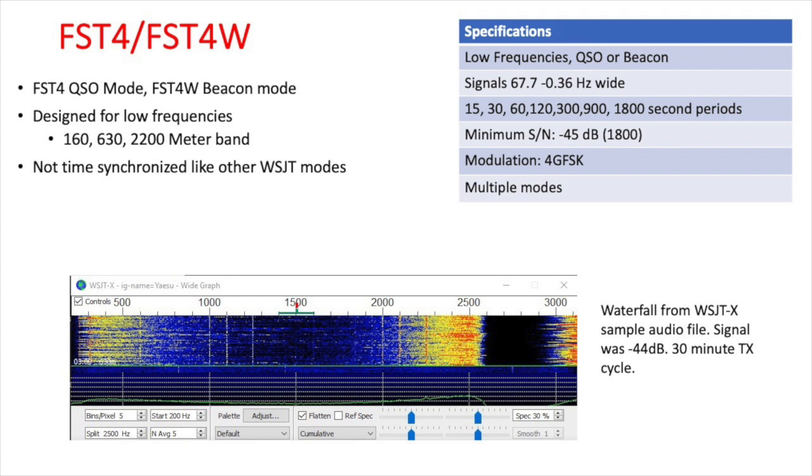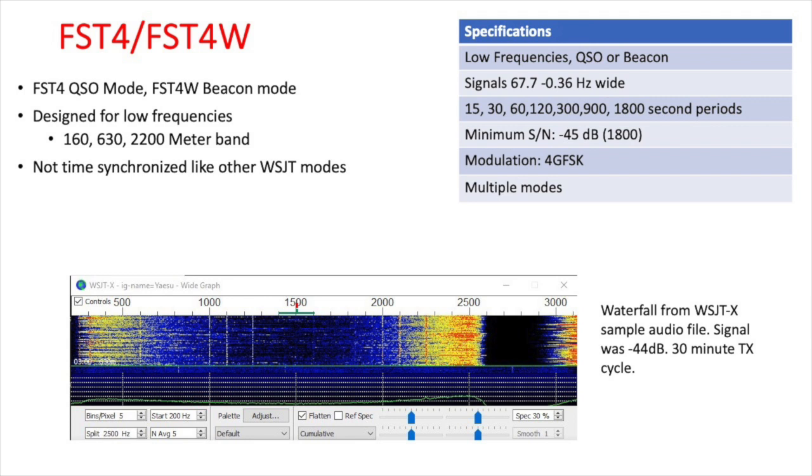I don't know how popular it was. It's mostly for beacons, I think, but because so many guys were already using beacons with WSJT, I don't know how much superior this is, and I don't know how many people have done it. But you can see it goes down to minus 45 dB, which is really, really down in the noise.